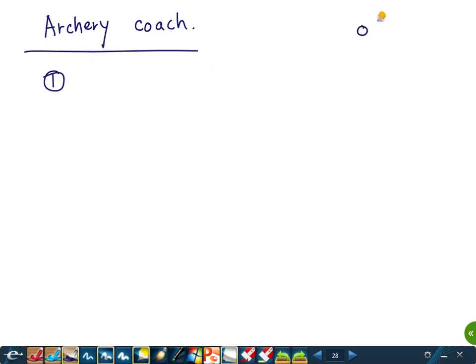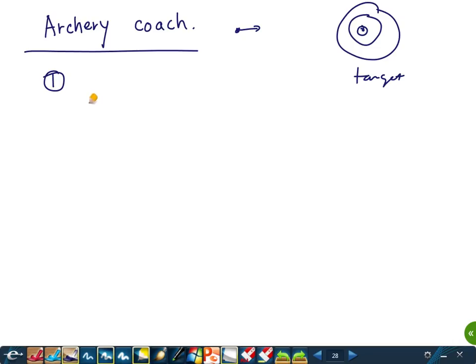So you know archery. There is a target here, and this archer sends an arrow, and this archer wants to send this arrow as close as possible to the center, right? That's what archery is.